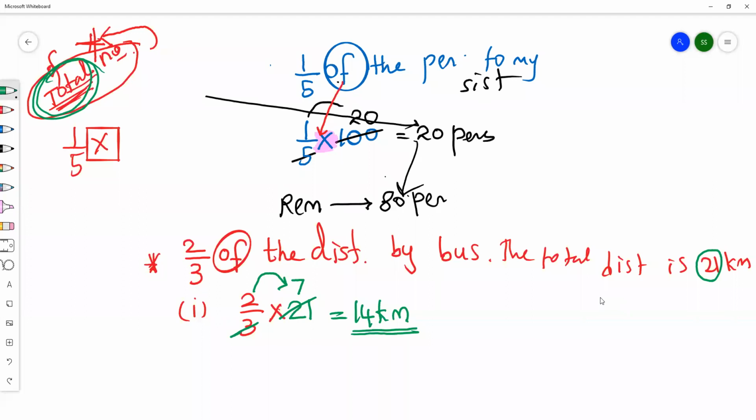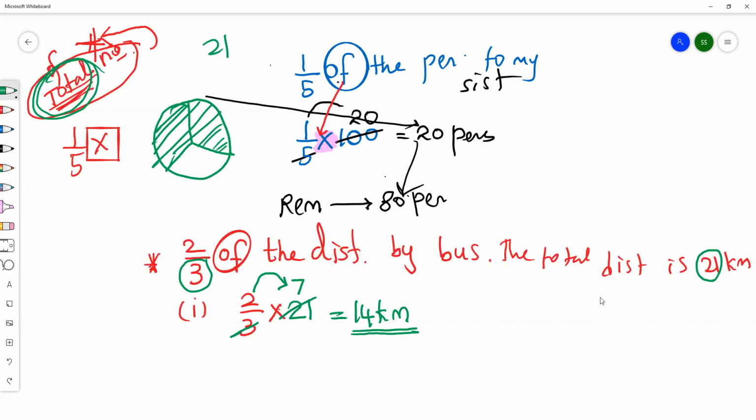Okay, 2/3 of the distance traveled by bus. The total distance is 21 kilometer. 21 is like a cake. We cut this cake into 3 parts, and 2 parts is over. What is that 2 parts?